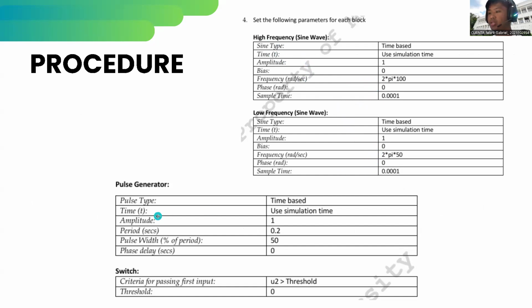For the pulse generator, we have an amplitude of 1, a period of 0.2, a pulse width of 50, and a phase delay of 0. For the switch, the criteria for passing first input is u2 greater than threshold, and the threshold is 0.